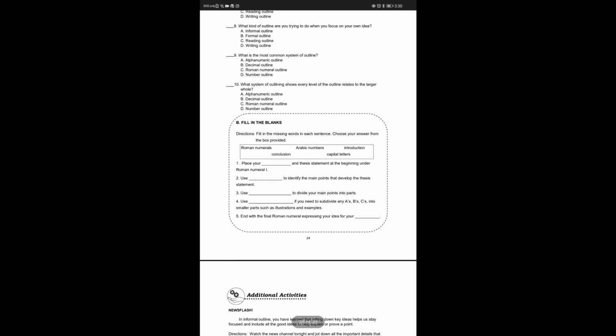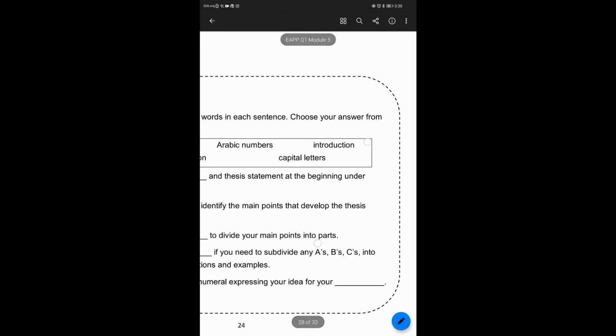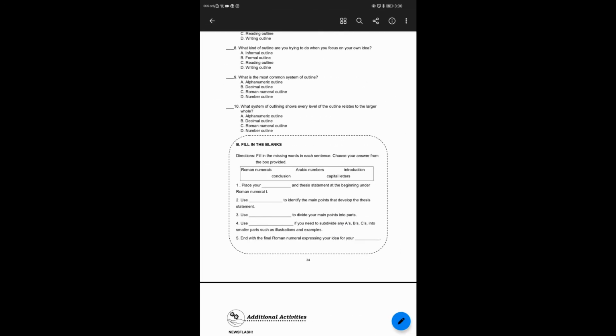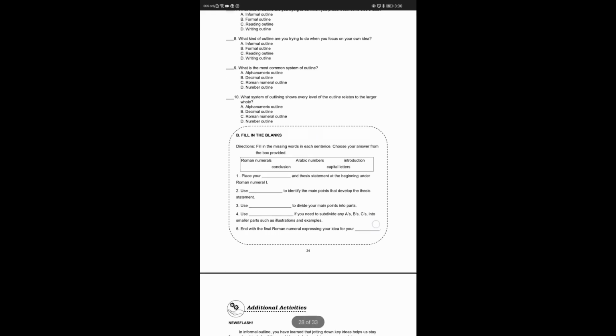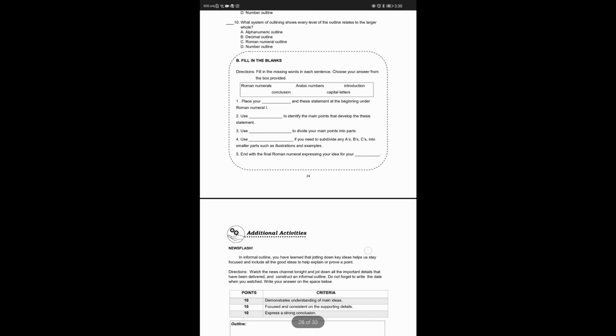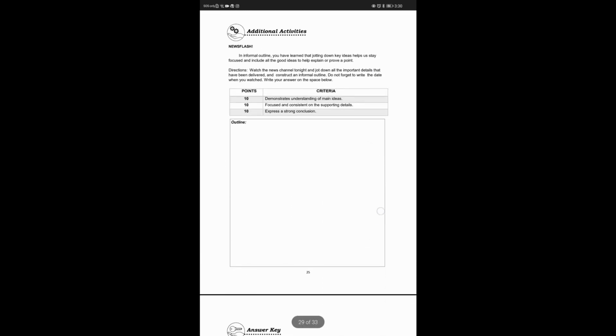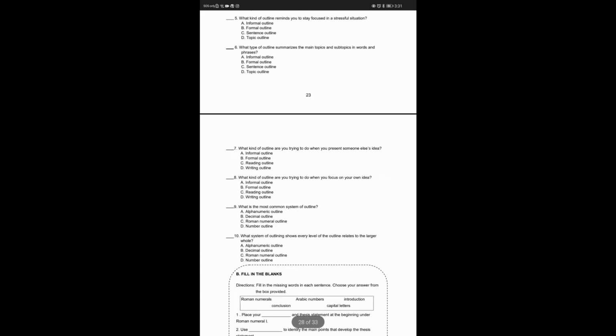So, fill out the blanks lang. Basahin nyo lang magiging sentences and then decide which of the words in the word bank here, or which of these words do you think will best complete the incomplete sentences. Okay, and then we'll not do the additional activities anymore.